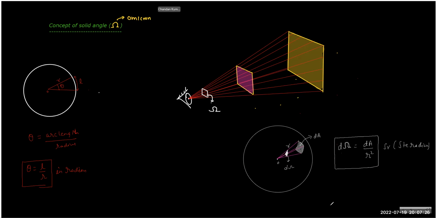What is the total angle subtended at the center of a circle by the entire periphery? Yes, 360. In radian, 2 pi. 360 is called the degree, the angle expressed in degrees.